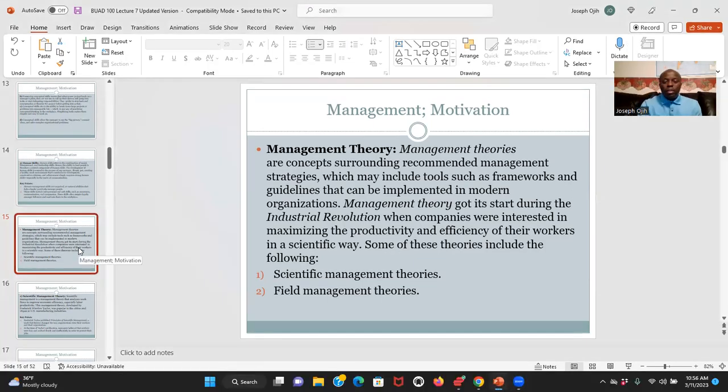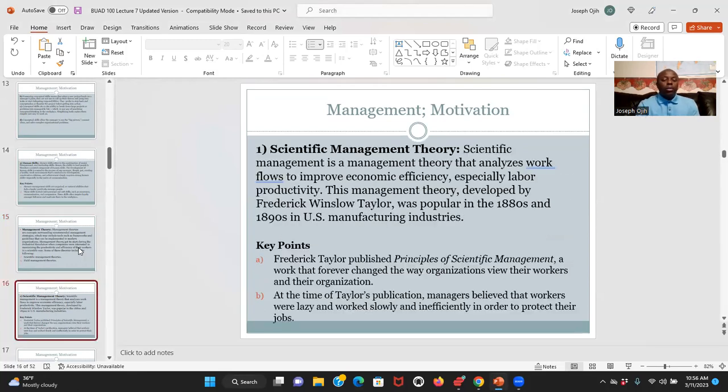According to this theory, those that propounded it had the goal of analyzing workflow. They believe that we can improve labor productivity and economic efficiency by analyzing the workflows.